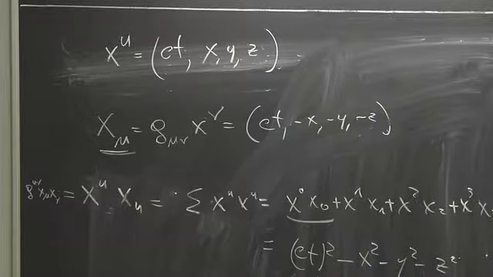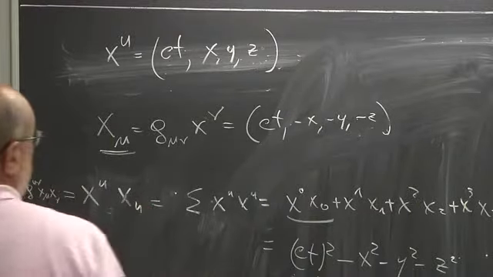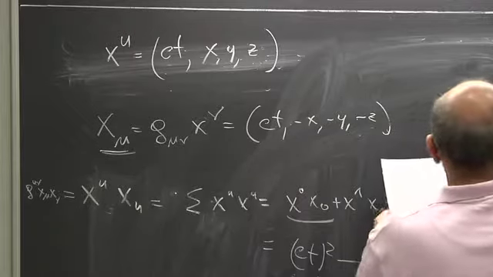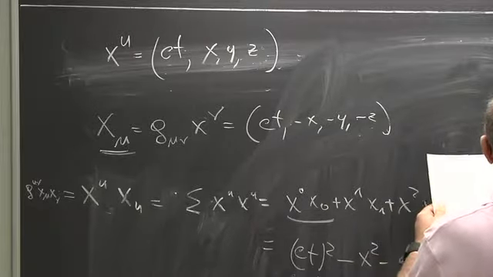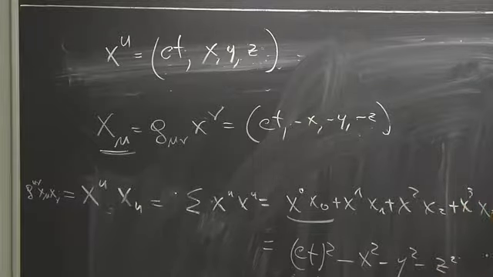Now, let's also go and introduce the analog of the momentum. P mu is E over c, Px, Py, Pz, the contravariant one.